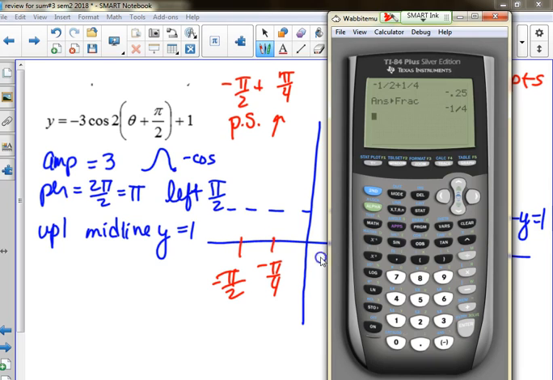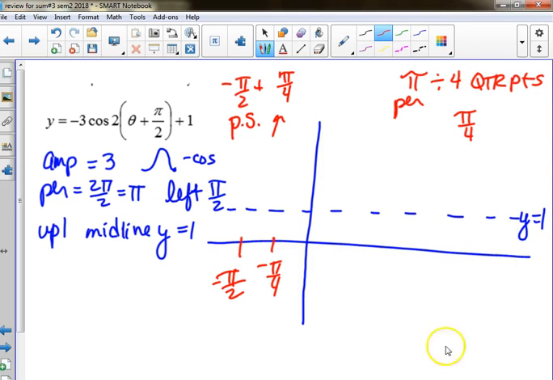If you add 1/4, you'll be where? At 0? Oh, I did 1 times 4. Okay, I'm going to assume you can do this now. Add 1/4, you'll be at 0. Add 1/4, you'll be at pi over 4. Add 1/4, you'll be at pi over 2.